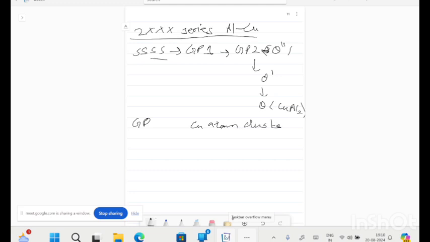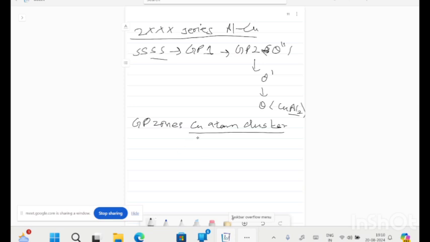Then with time, aluminum atoms add to the cluster. In the GP zones, the copper atom cluster is a few atomic distances thick.